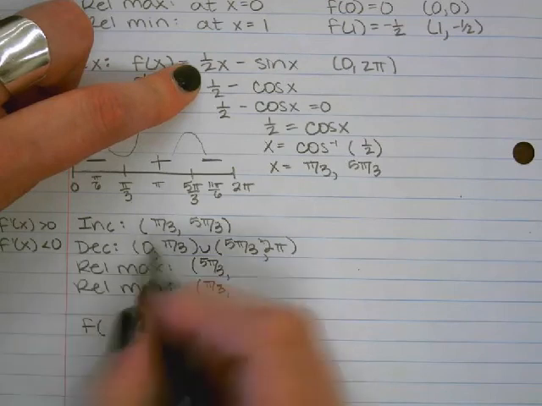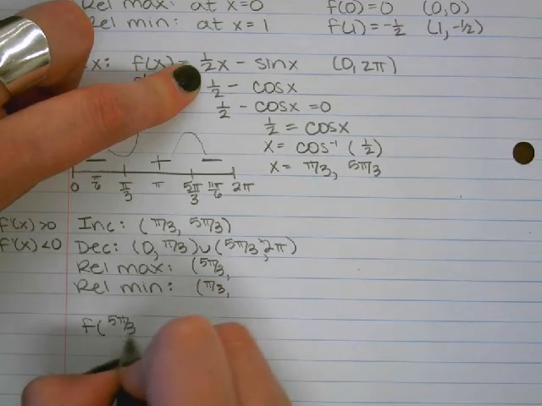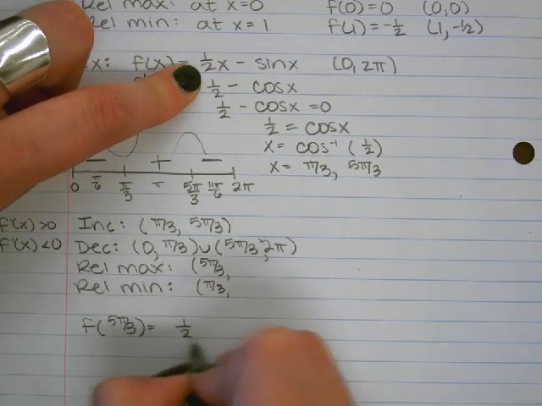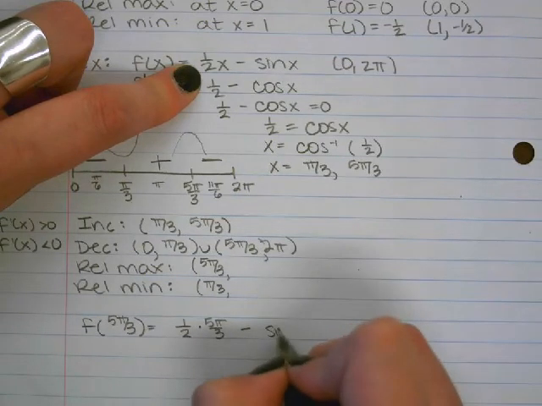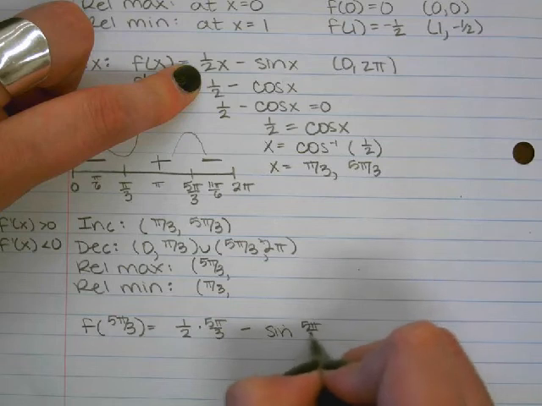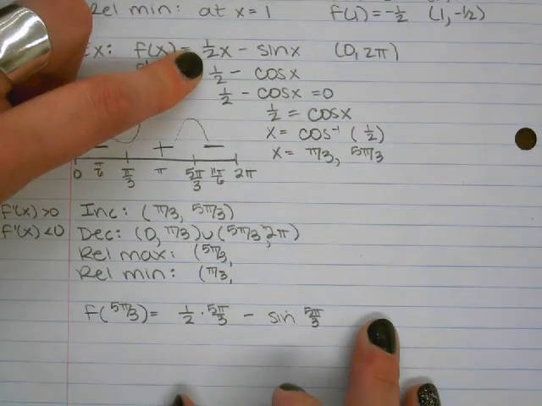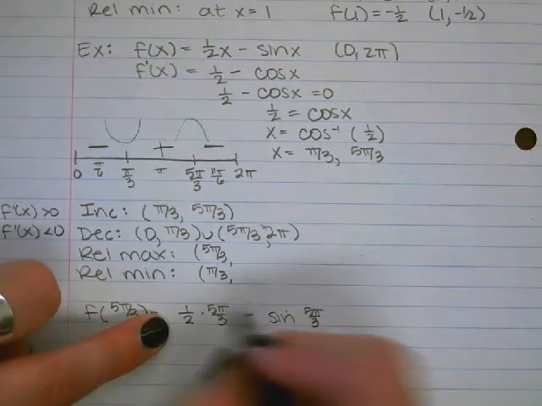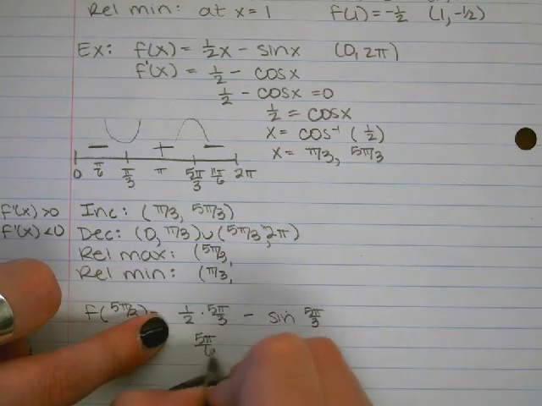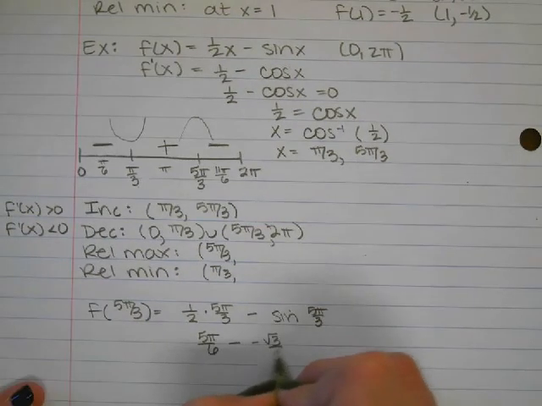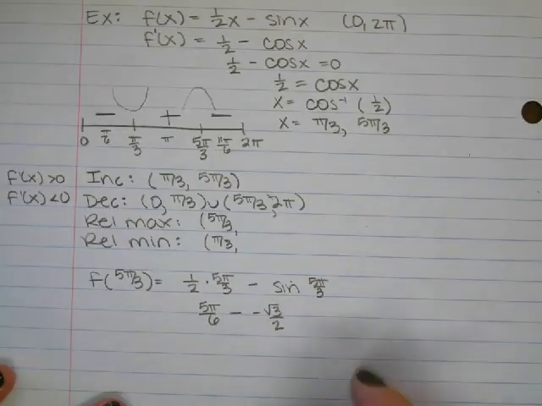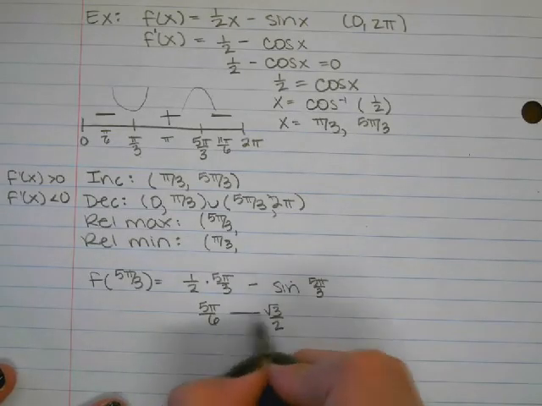So f of 5 pi thirds is going to be 1/2 times 5 pi thirds minus sine of 5 pi thirds. This first part is going to give me 5 pi over 6. And then sine of 5 pi thirds is negative root 3 over 2. So here I have minus minus, which makes a plus.